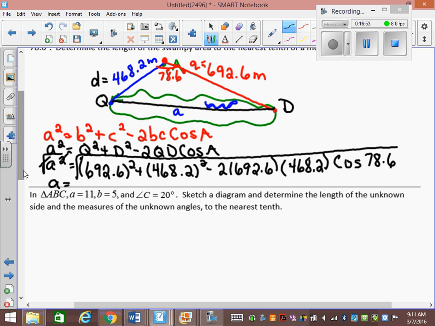Catherine, to the nearest tenth, what did you get? 755 meters, right? And we're done because they just wanted to know the length of the swamp.